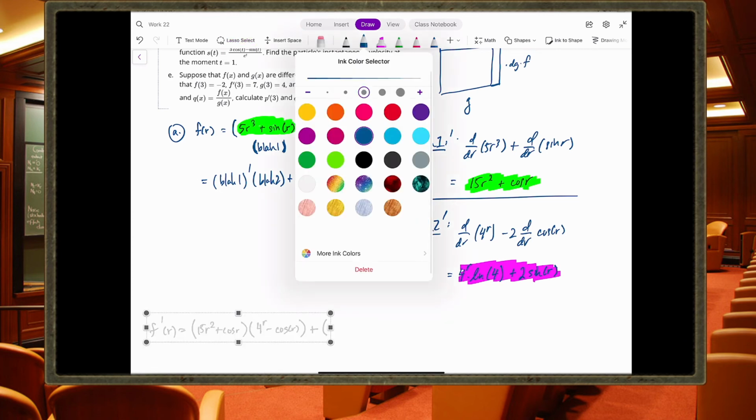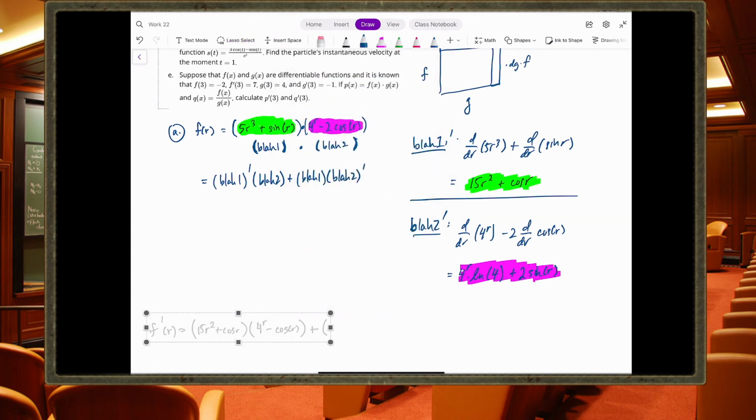Here we go. The first chunk, which is just 5r cubed plus sine r, times the second derivative, which is the one we just found, 4 to the r ln of 4 plus 2 sine r.